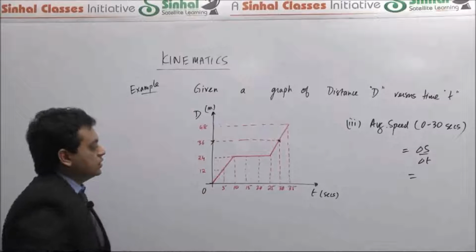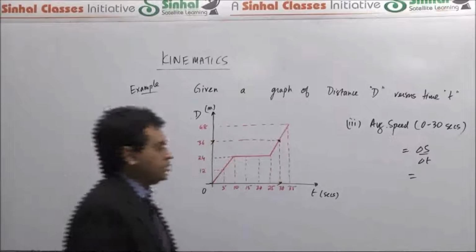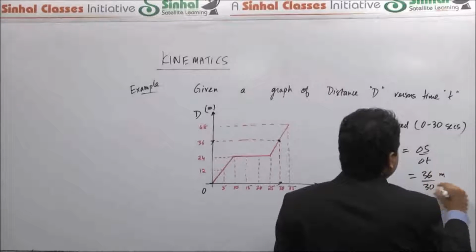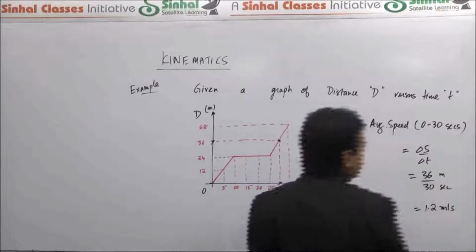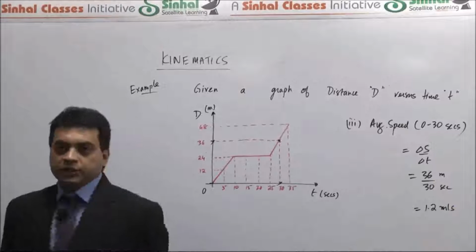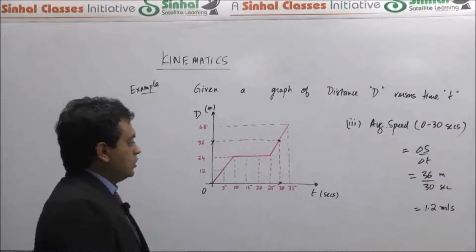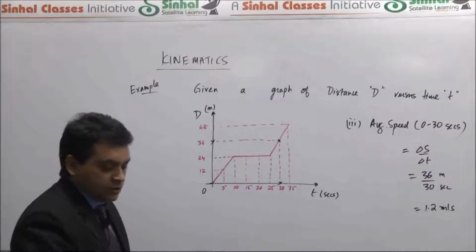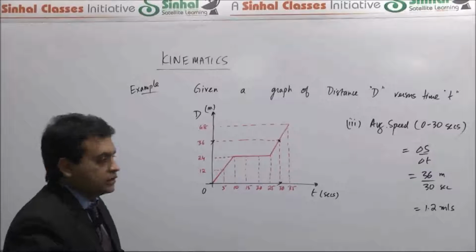So the distance traveled is 36 meters and the time interval is 30 seconds, right? You can see that's 1.2 meters per second. Right, so these are the various different types of calculations we can do to calculate average speed in a situation like this.